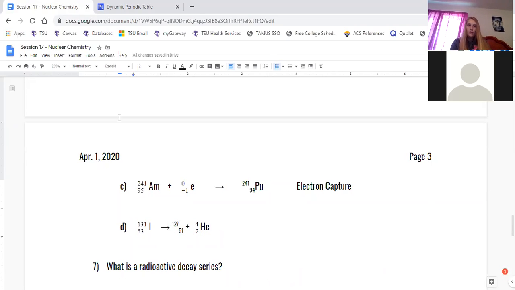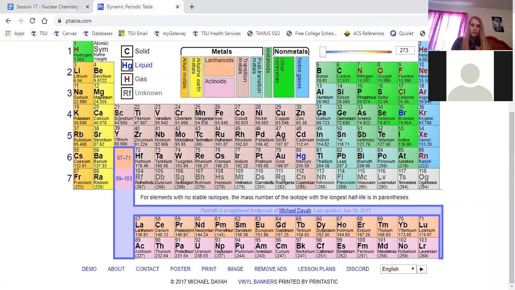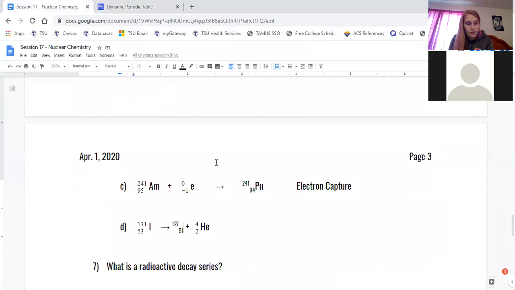And what element are we going to have? Perfect. Antimony. And what kind of emission is this? Or I guess this one is actually an emission, but what kind of nuclear reaction is this? Alpha decay. Perfect.